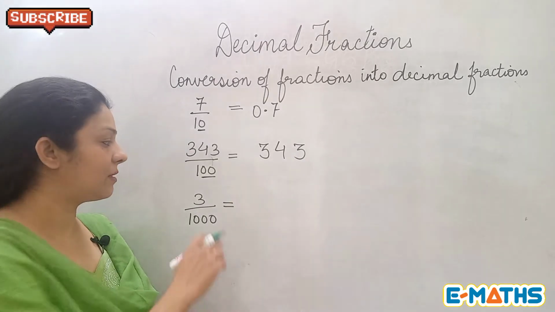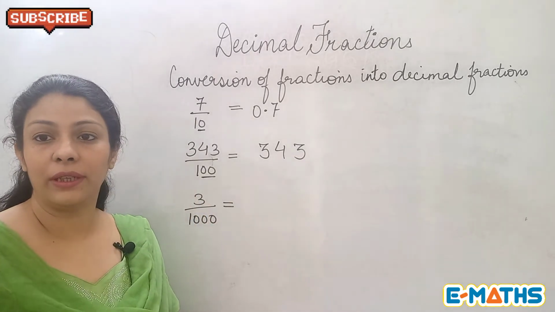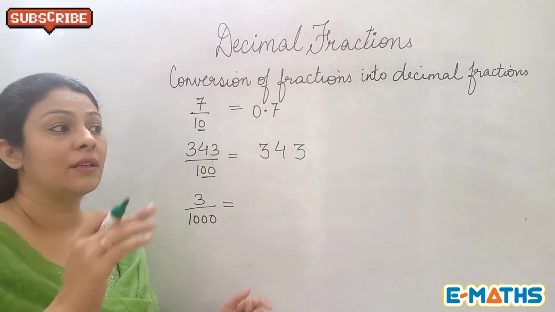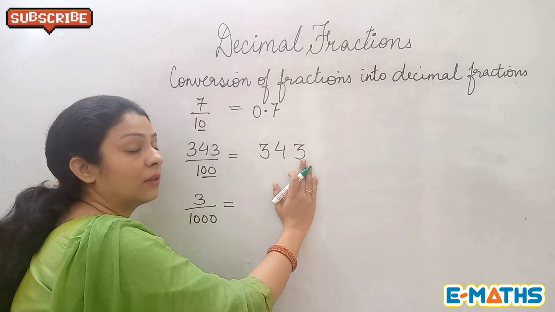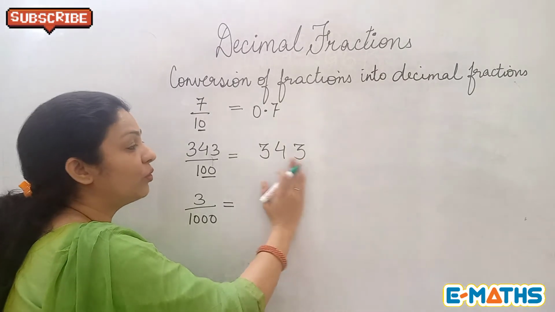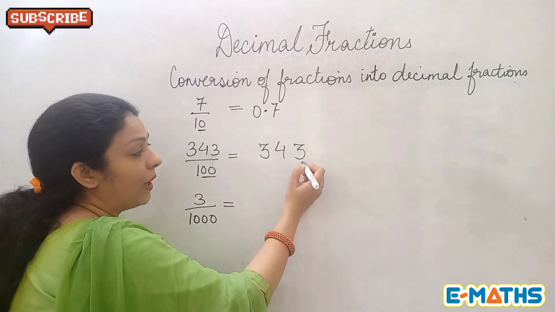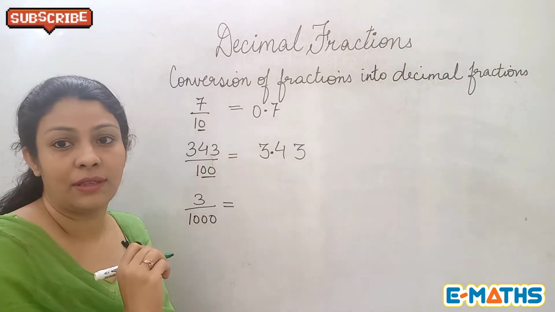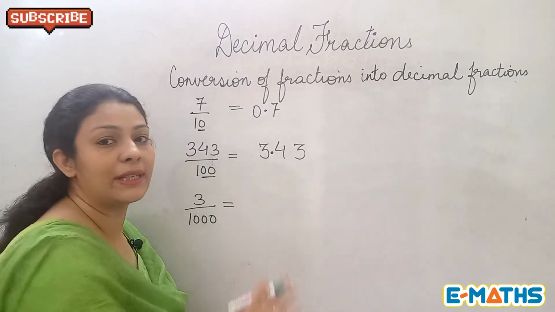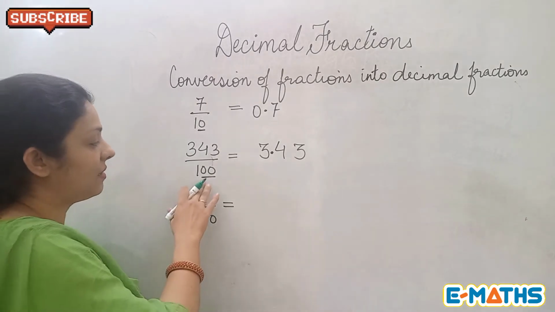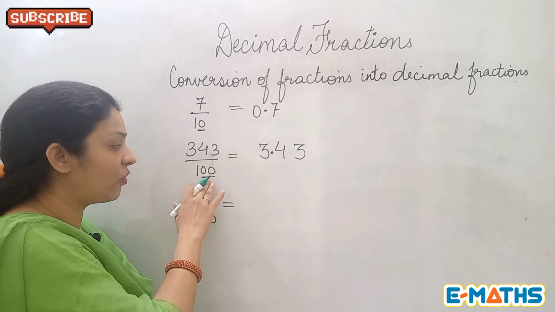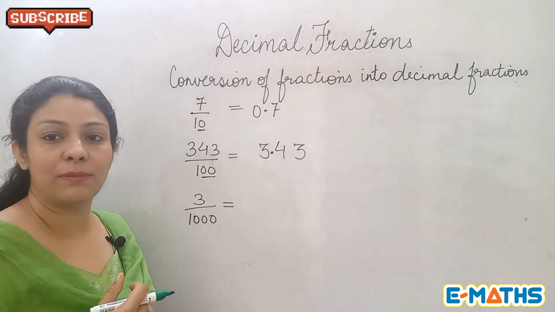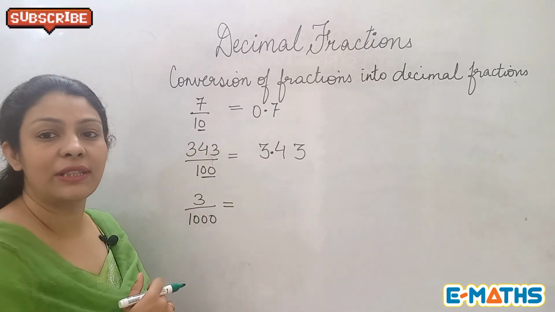We are going to start counting from the right and move towards the left. 1, 2. So here I am going to put up the decimal. So our answer is now having 2 decimal places, which we have got from the 2 zeros. These 2 zeros give us the number of decimal places. So this is the answer for the second one.